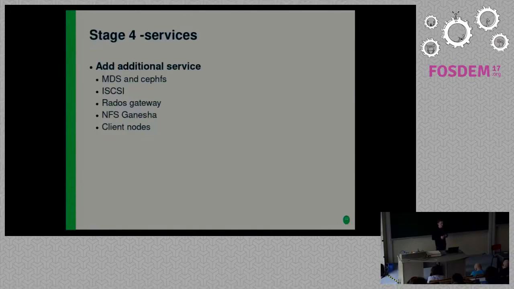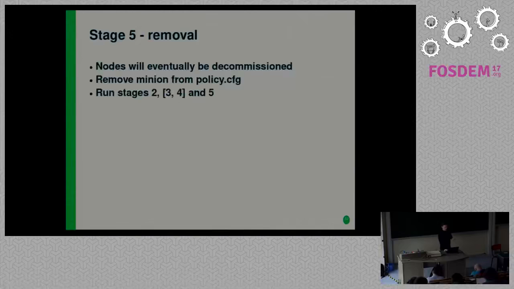I think we already merged NFS Ganesha, or maybe not, but we're working on it, so it's going to be there too. And there's some facilities for managing certain clients too. Yeah, this is a whole other presentation in itself, obviously. But it works the same way. It's governed by a policy.cfg and by this orchestration file, which you could customize if you wanted to.